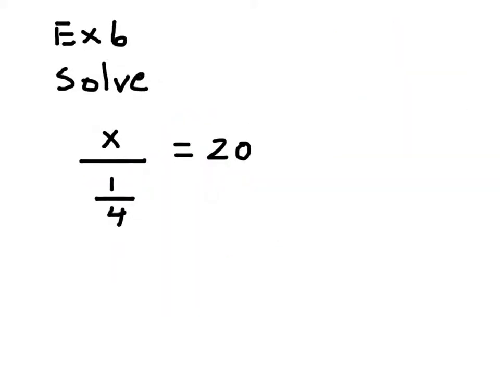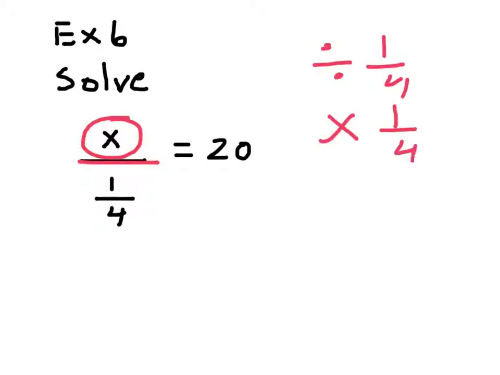Alright, I believe this is my last example. We'll see. In example 6, now what are they doing to x? They're dividing by 1/4. What's the opposite of dividing by 1/4? Well, multiply both sides by 1/4. So I'm going to multiply this side by 1/4, and I'm going to multiply this side by 1/4.